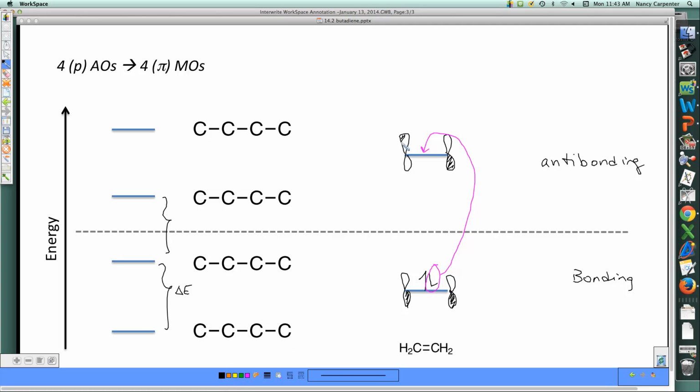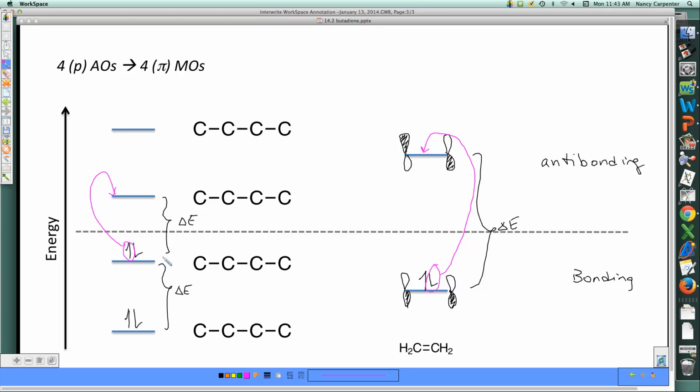This energy transition took a lot more energy for an isolated alkene like ethene than it does for a conjugated diene, which is exactly what we saw in UV.